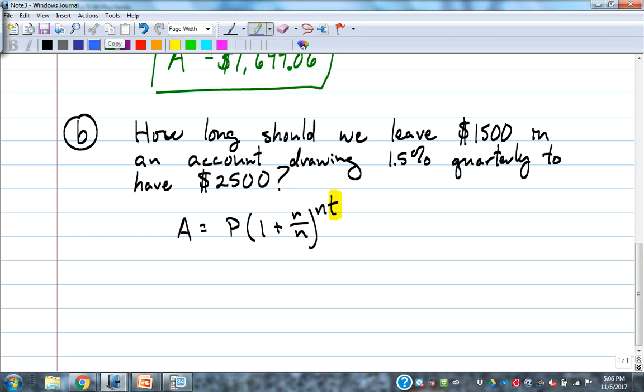We want the account to be worth how much? $2,500. That's what A stands for. How much did we throw in the bank? $1,500. That's our principal. And then our rate, 0.15, compounded quarterly, which is 4T.